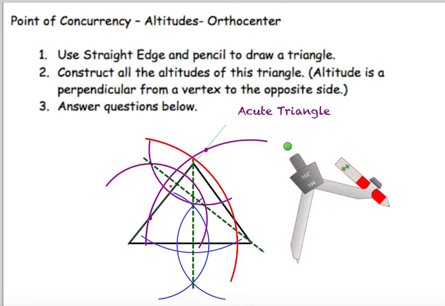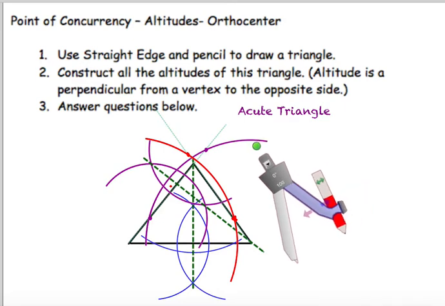So extending this side of the triangle, finding those intersections. And I'll have to do the perpendicular bisector of that segment that we just created.